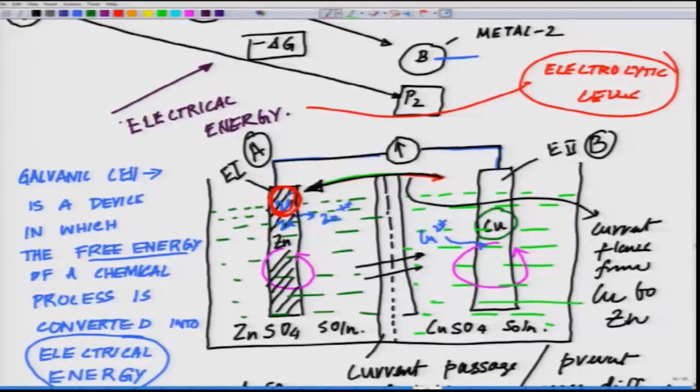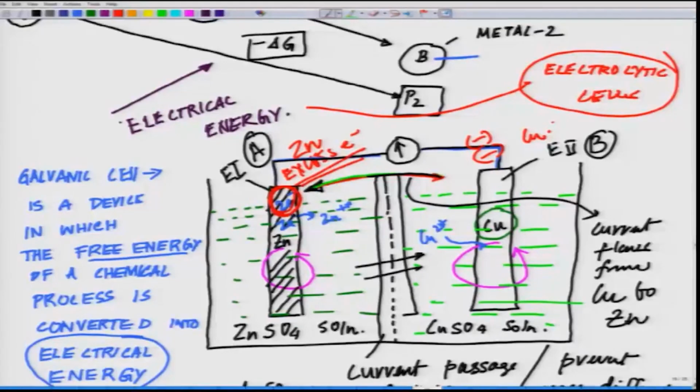So there is an excess of electrons at the zinc electrode, and there is a deficiency of electrons at copper.